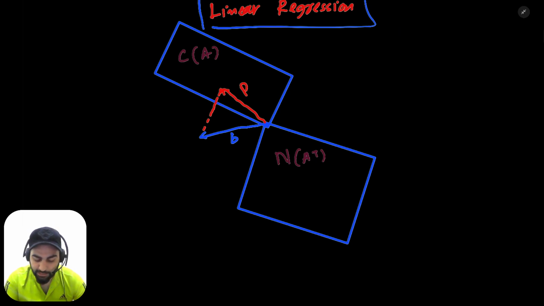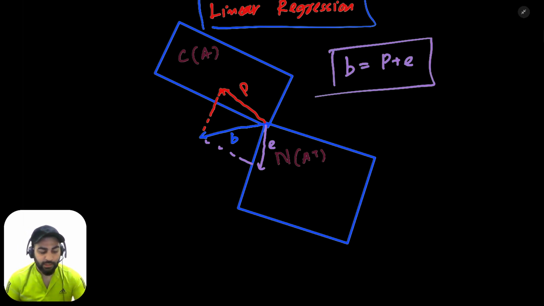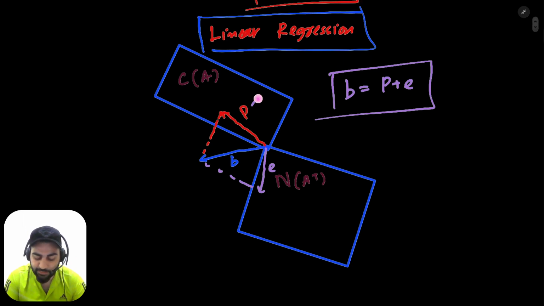Then it has another projection on the null space of A transpose. Let's call this E. So B is equal to P plus E. This is the thing that you want to remember. It can be projected on the column space of A, represented by this P, and we derived the formula for that.